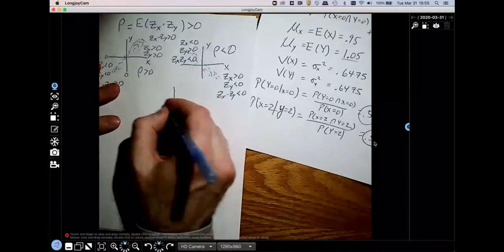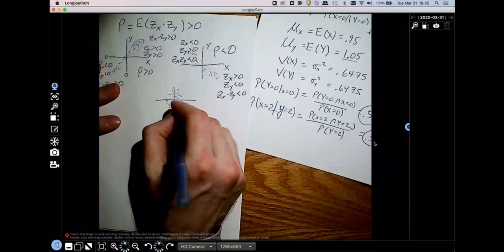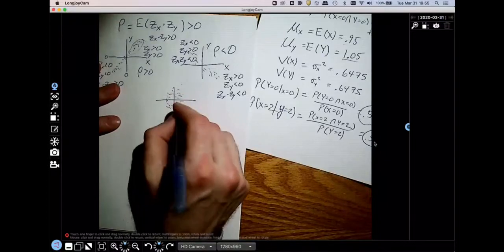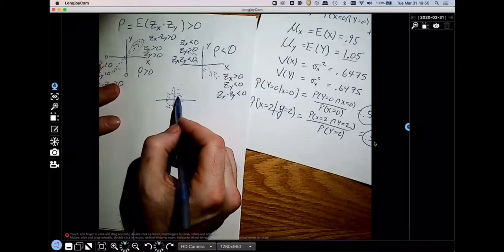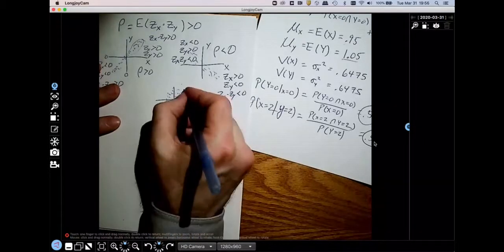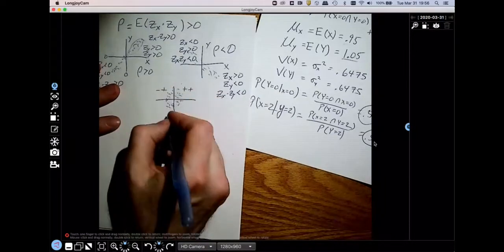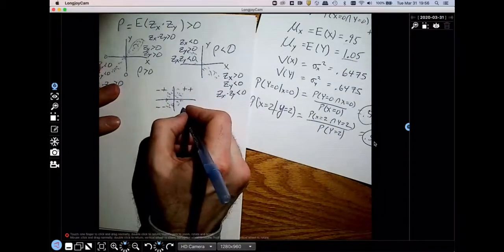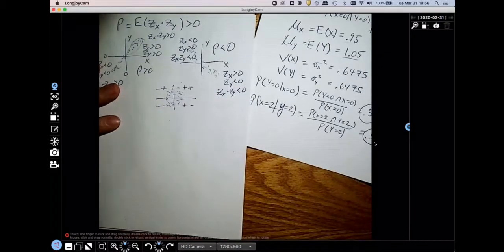One more situation will be this one, where we have really no systematic pattern. In this quadrant, both zx and zy are positive, so I'll just put plus plus. Over here we have negative plus, here we have minus minus, and here the x's are positive, the y's are negative.